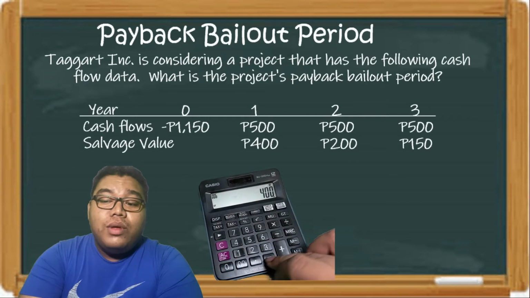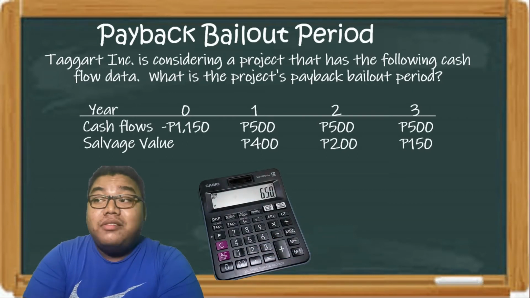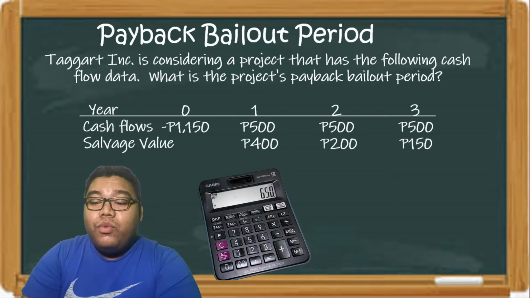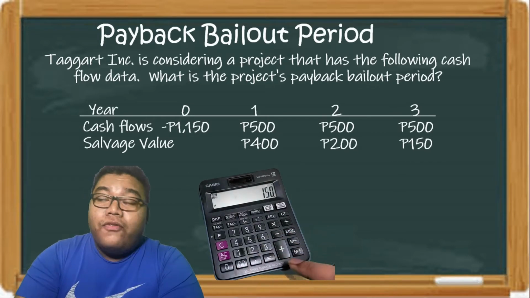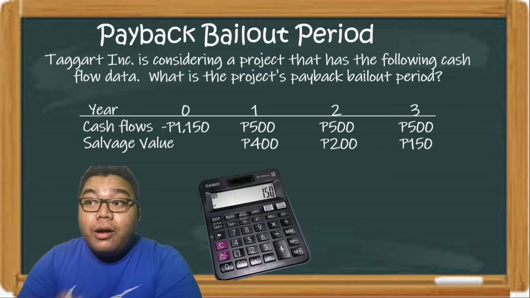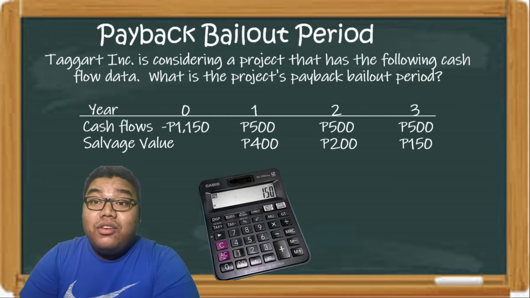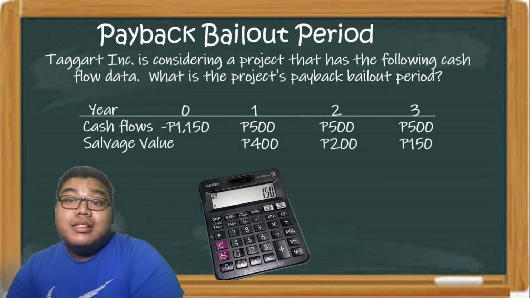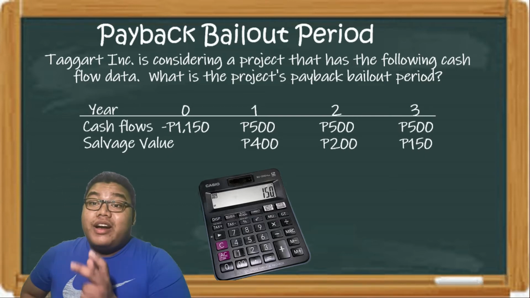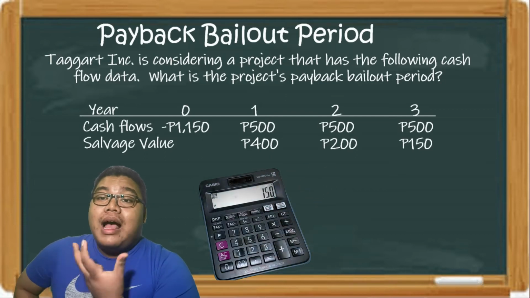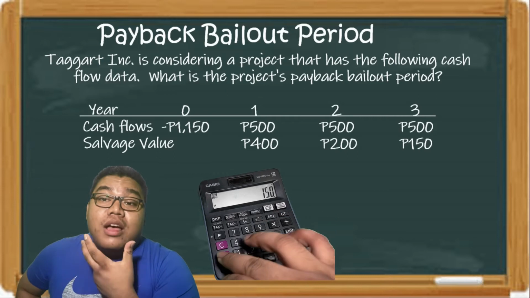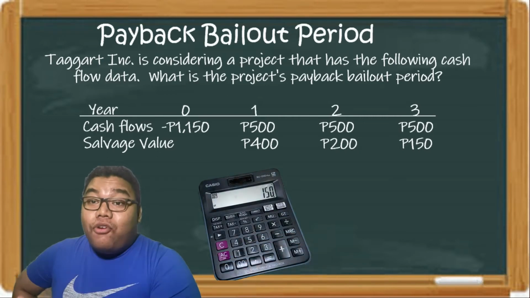So you will still move forward with the 650 and you will deduct the 500 of the second year. So you still have 150 to recover. Now you have the salvage value of 200. If you consider that, would you have recovered the entire investment? The answer is yes. But how would you consider the salvage value? It should be considered in full.